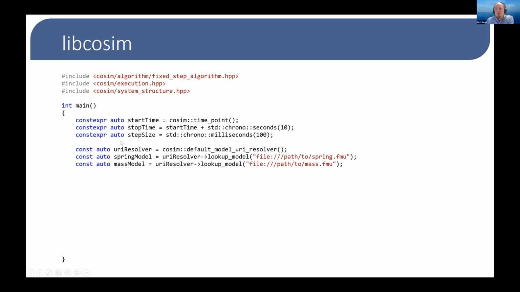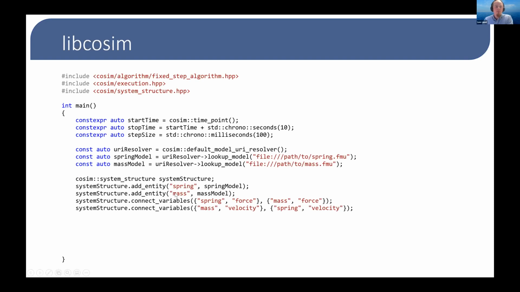Then we create a URI resolver, and we can use that to specify the file URIs to where the spring and mass FMUs are located on disk. Then we establish a system structure, and we add the models to the system structure, add entity, spring model, and name them spring and mass.